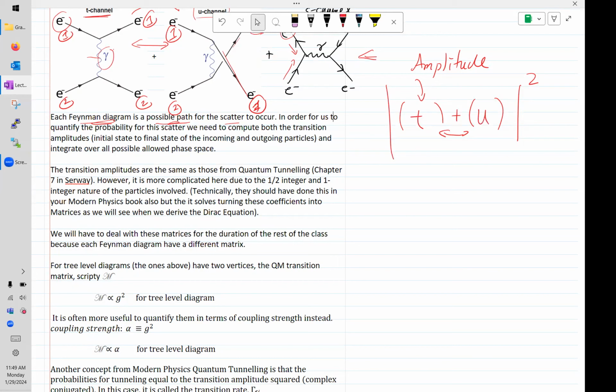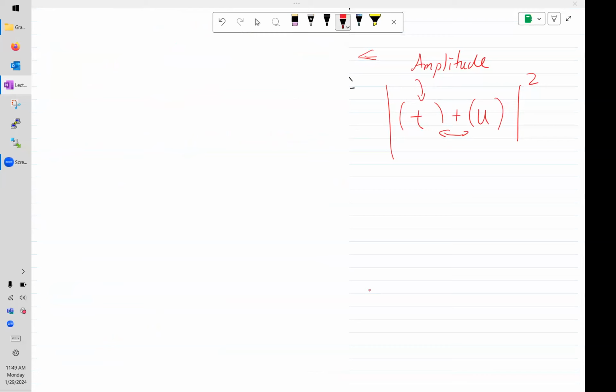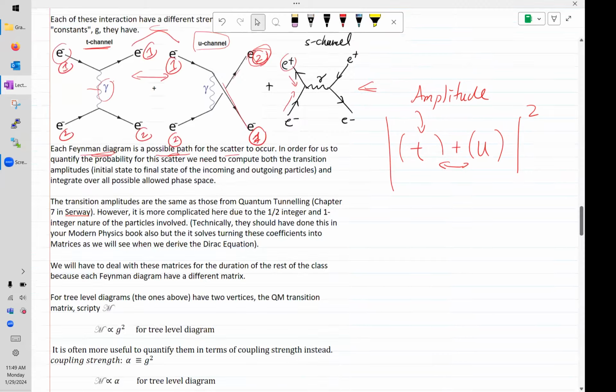That tells you how likely that intermediate process was. The reason we draw these Feynman diagrams is that it's a way of organizing all of the possible things that could have happened in between these 2 electrons scattering. Then we add up the likelihood of each of them and take the magnitude squared, as Professor Tu is showing on the screen, and that tells you the probability for that process to occur. I don't know if that's helpful to anyone, in case you hadn't heard that amplitude terminology yet.